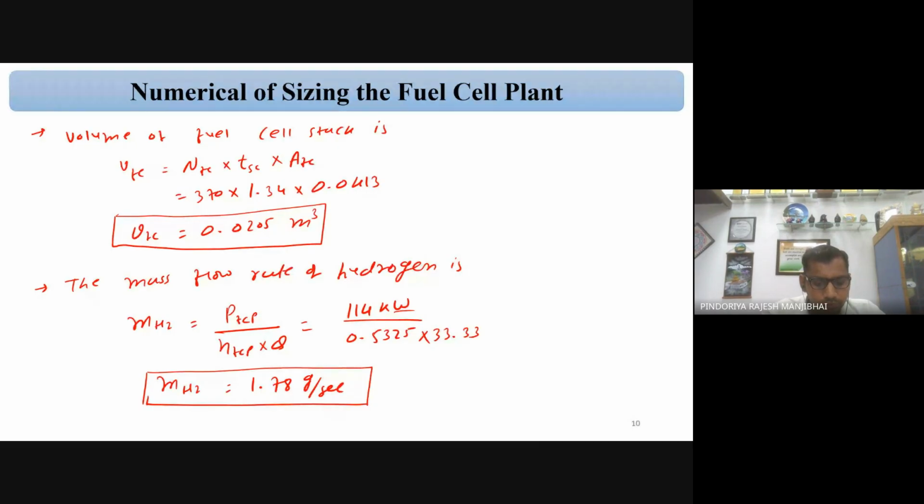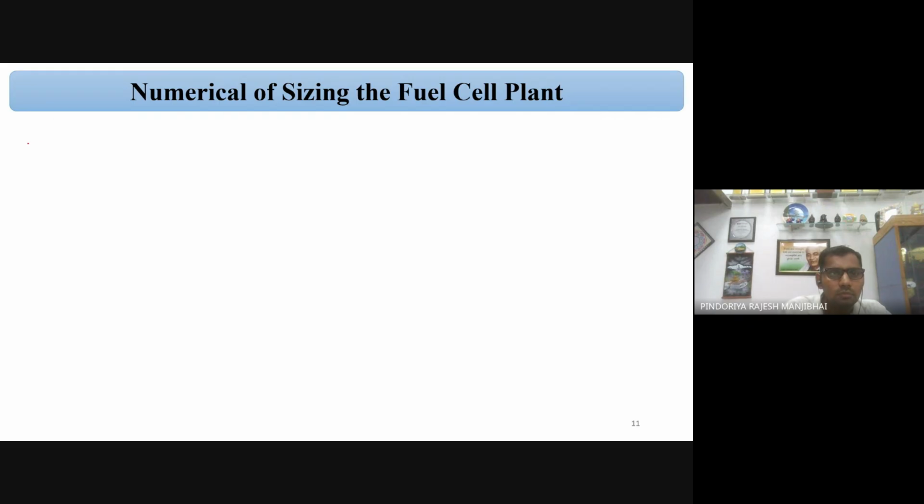Now, stack voltage, there is the last one. Stack voltage we can define as VFC equal to NFC into VFC.